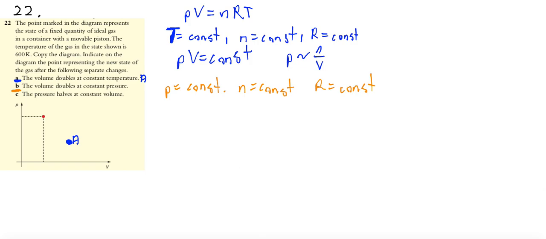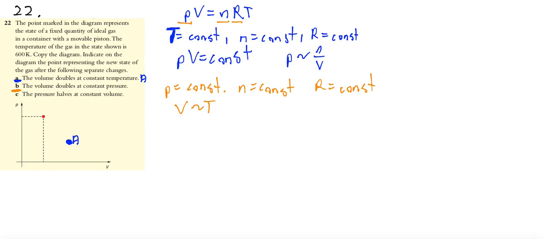So we have to write that volume is proportional to temperature. Yeah, sorry, I did this completely wrong. Again, B, this is B, sorry.